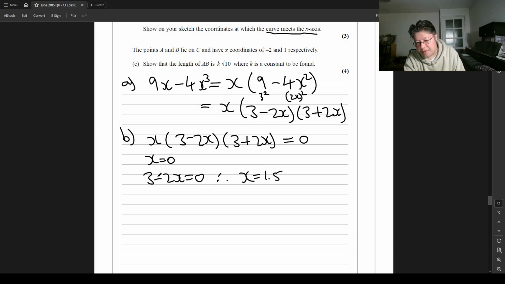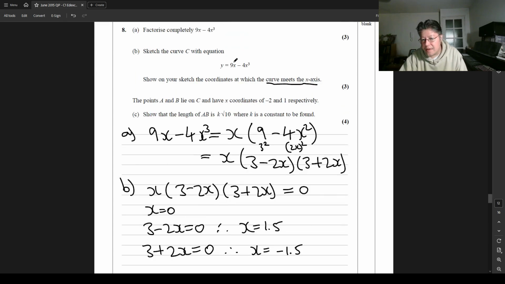And if we solve for this third one, so 3 plus 2x, that gives us x equals minus 1.5, minus 3 over 2.